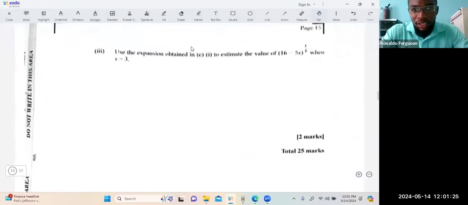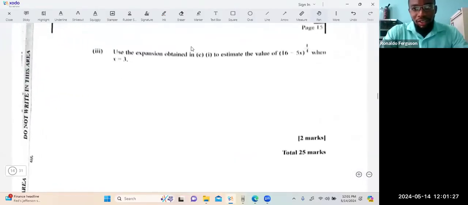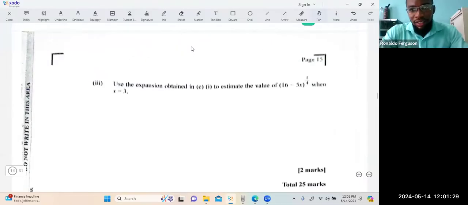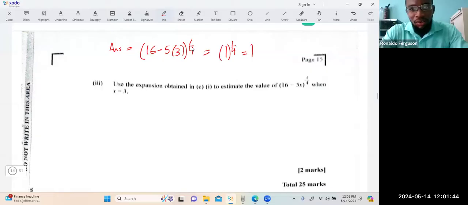Now use the expansion obtained earlier to find an estimate when x equals 3. So the actual answer you're supposed to get is 16 minus 5 times 3 to the quarter. That would be 1 to the quarter, which is 1. So we're looking to get 1 for our answer using the expansion earlier.